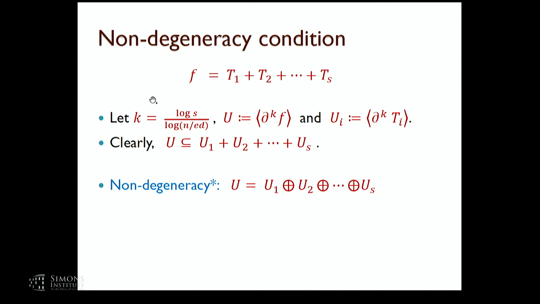Then it's obviously clear that U is contained in the sum of these U_i's. The non-degeneracy condition has two parts: that this sum is actually a direct sum, and this containment is an equality. Of these two parts, we think that this direct sum assumption is rather mild. The main non-degeneracy condition is coming from this equality.